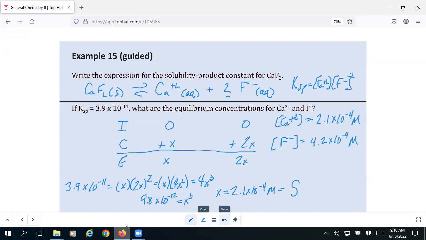And again, you can always check yourself: plug those two values back into the expression and see if you get the KSP. 2.1 times 10 to the negative fourth multiplied by 4.2 times 10 to the negative fourth squared. I get 3.7 times 10 to the negative 11th.